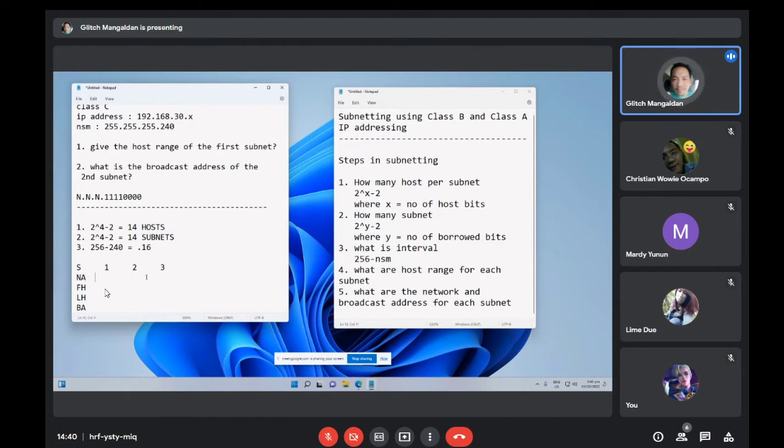Okay, so, yung first network address natin is, what is the value? First subnet. Yung given. Yung interval. So, this is that 16. Okay, the second network address is that 32. The third subnet, that 48.